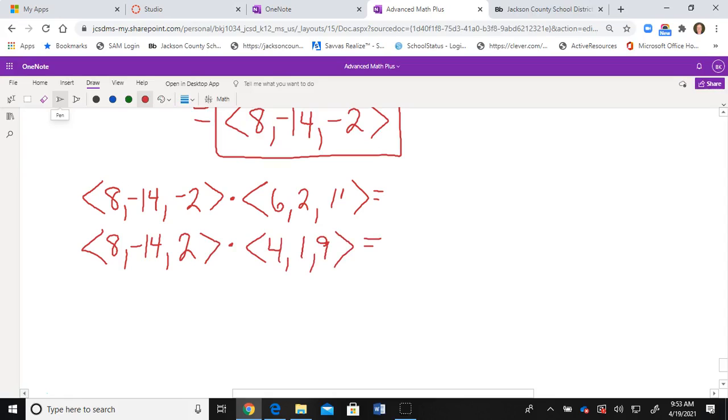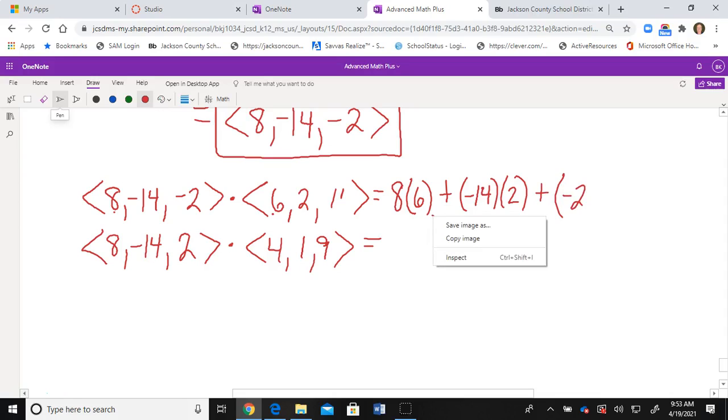So let's see how we do here. 8 times 6 is 48, plus negative 14 times 2, plus negative 2 times 10. That's negative 28, and negative 20 make negative 48, so that would be 0.